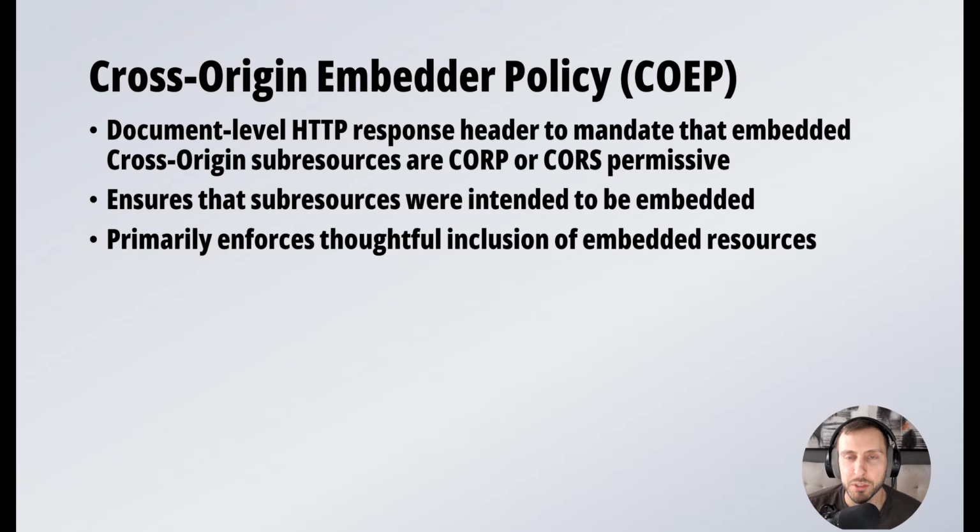That is, when you set it on your application, when it's returned in the response on a document that renders your app, for all of the resources that you've decided to embed, it says we will only embed these resources if the CORP policy or the CORS policy permits us to do so. So this ensures that sub-resources that you're embedding were intended to be embedded.